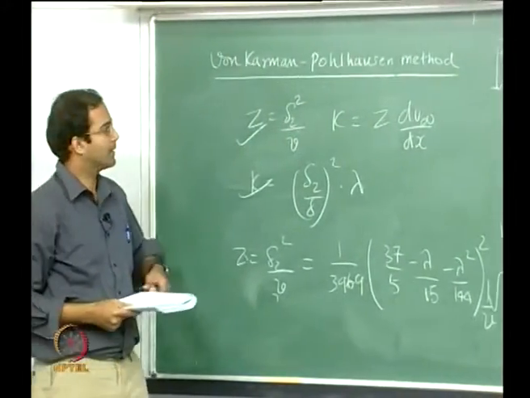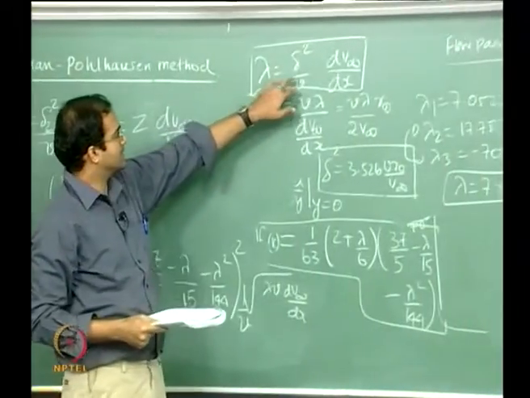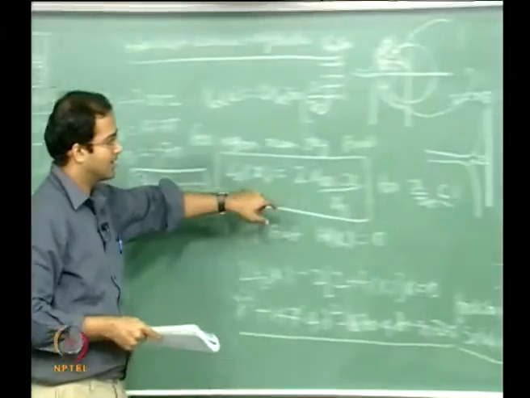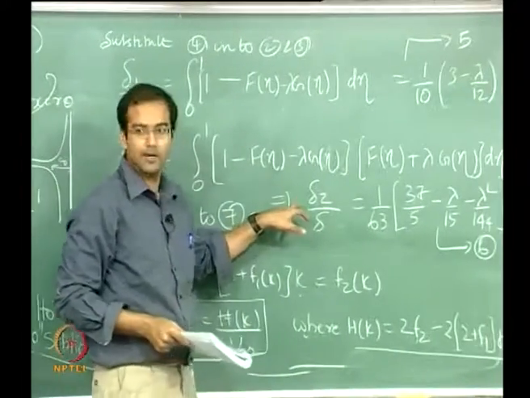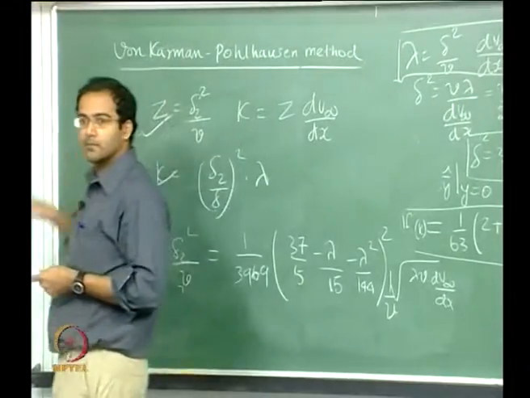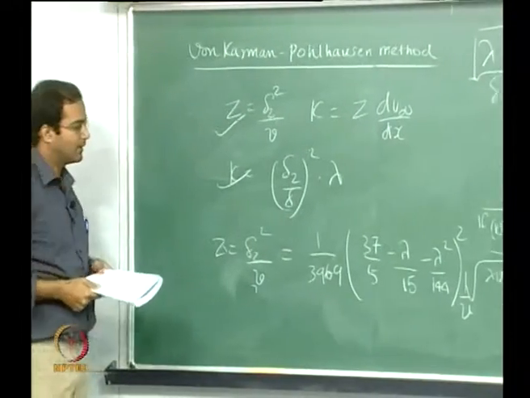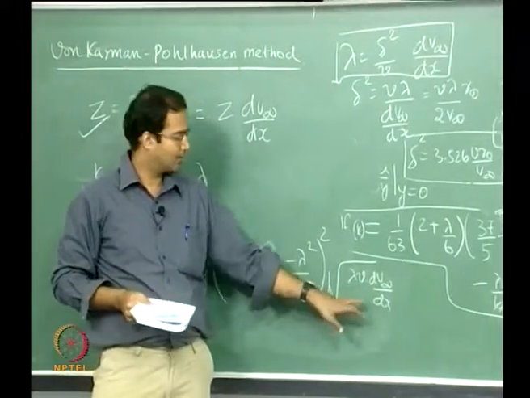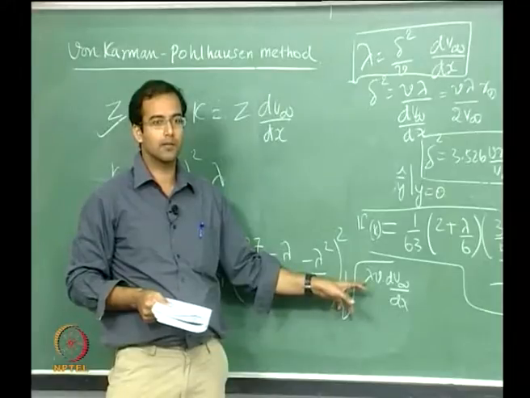I am combining these expressions so that I can calculate delta and put it into this to get my delta 2, and from there determine my relation between lambda and z. So for a given problem this is all fixed. Now the value of lambda is to be determined.